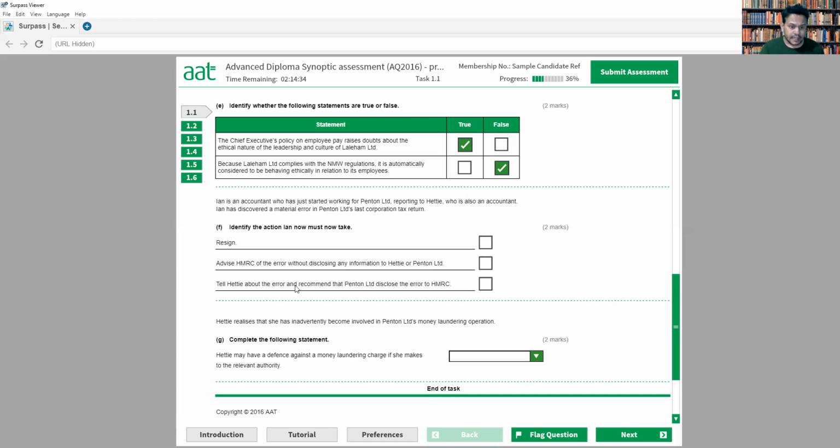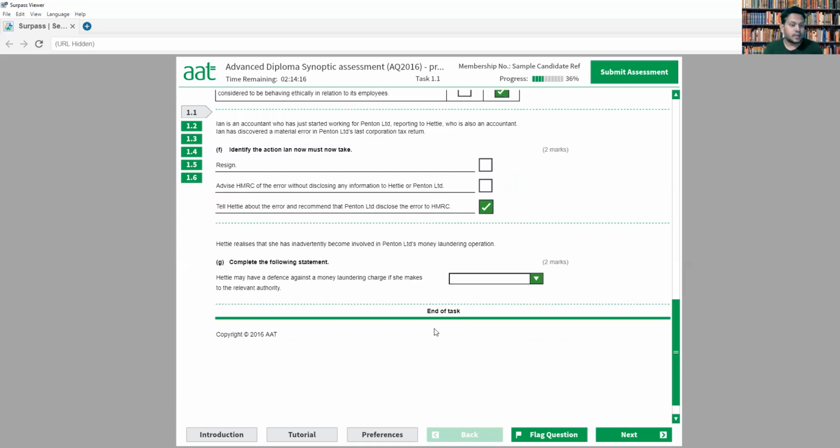So tell Hetty about the error and recommend that Penton Limited disclose the error to HMRC. So you have to speak to Penton Limited first, and obviously Hetty first, then recommend that they should disclose it to HMRC. The next one we have here, they said Hetty realized that she has inadvertently become involved in Penton Limited's money laundering operation.